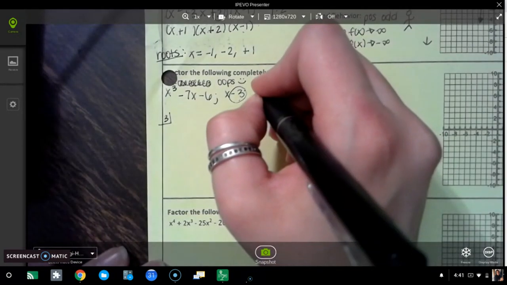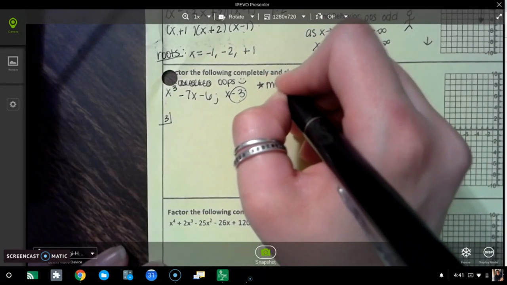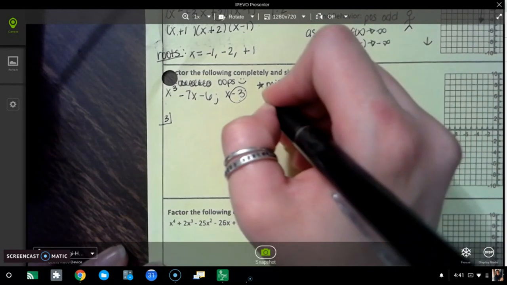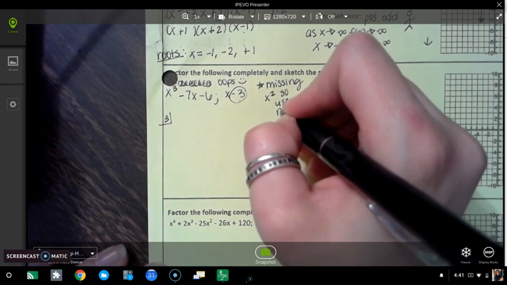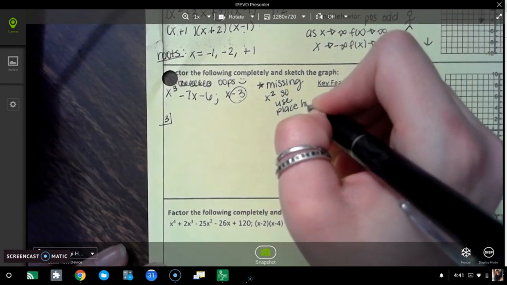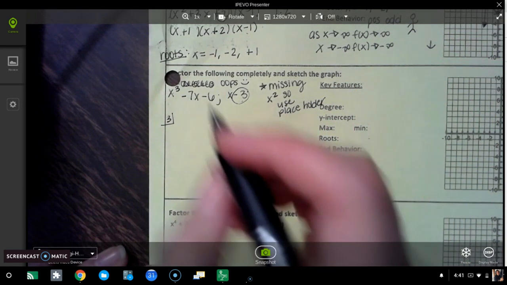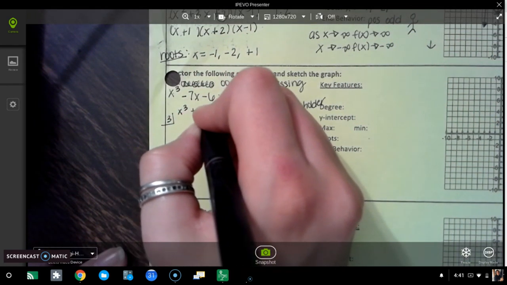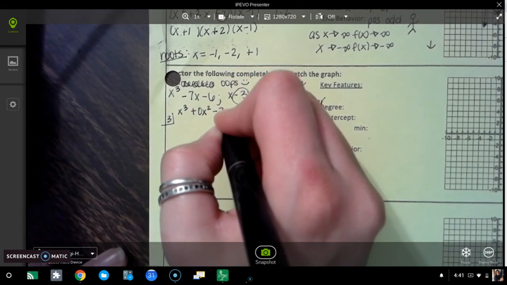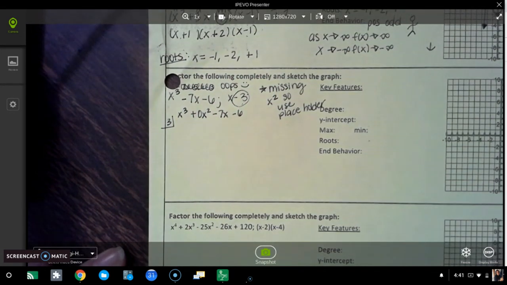I am missing an x squared. So we can write on here, missing x squared, so use placeholder. So really, we're going to be using the polynomial x cubed plus 0x squared minus 7x minus 6.